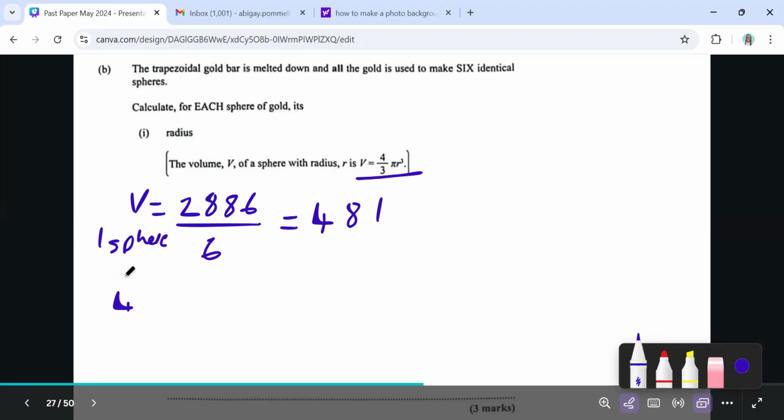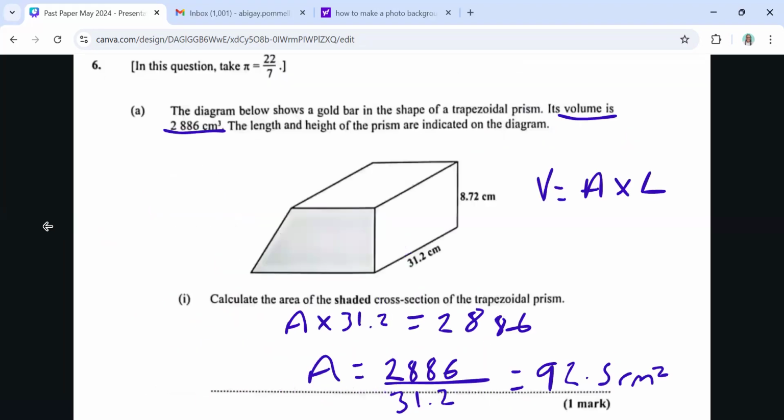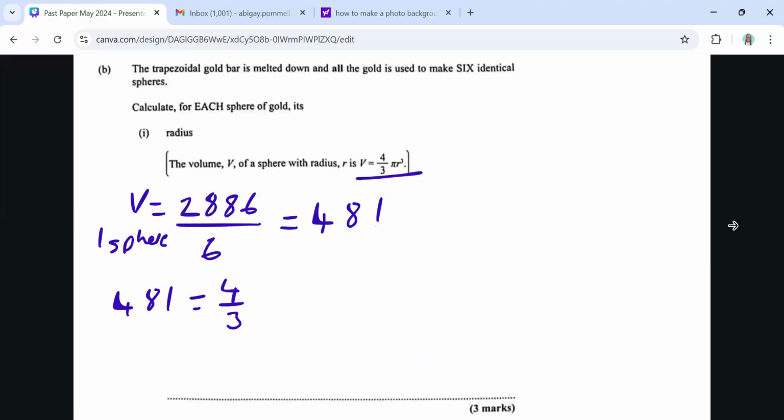So 481 equals 4/3 times pi, and pi was what? Pi was 22/7, times r cubed.